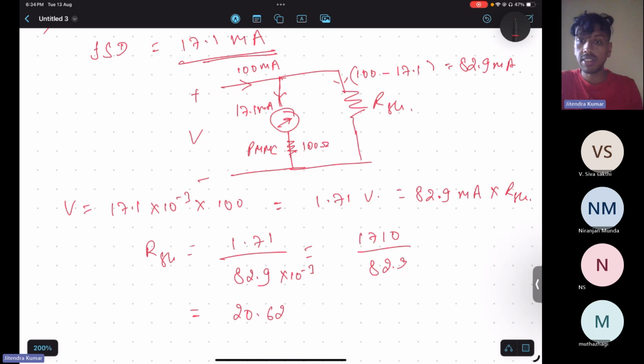Anyone got a different answer for this? Okay, so you are saying 17.1 milliampere was flowing, that was the full scale deflection.